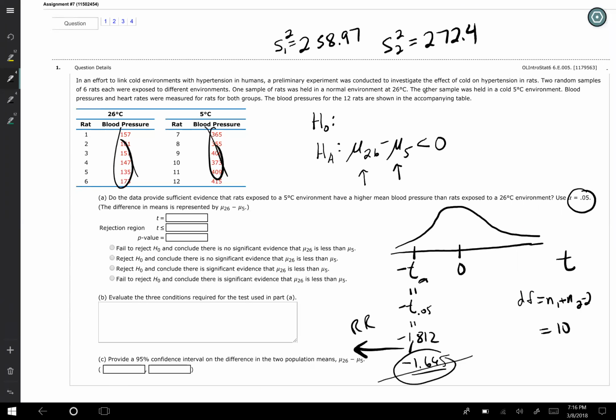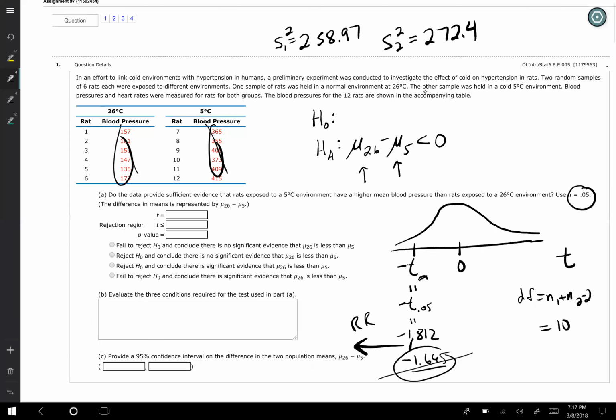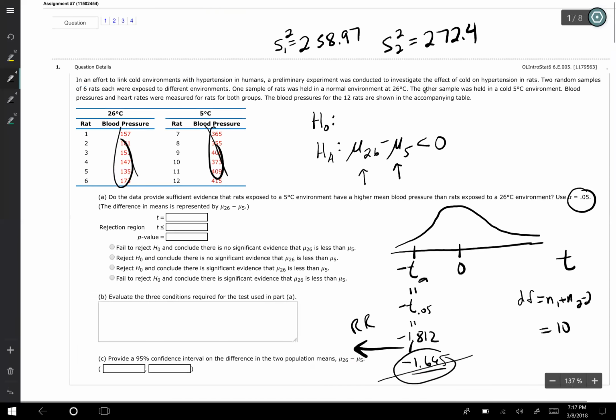Those start at 0 and go to positive infinity, so there's really no negative values to consider. So be mindful of that. So that's finding a t critical value, or finding the rejection region.